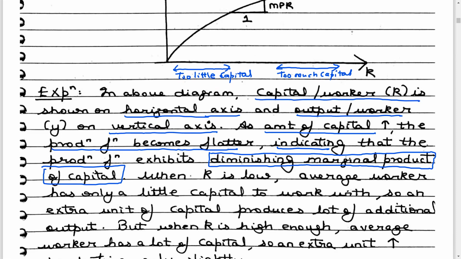So it's the same explanation, guys, which I had given initially. When the capital stock is low, low means too little capital, the average worker only has little capital to work with. So if you give this worker more capital, this worker will produce a lot of additional output.